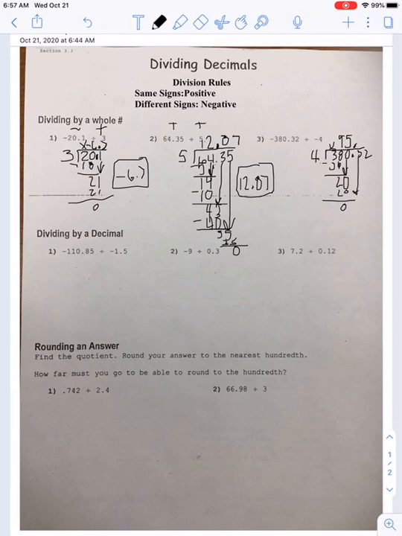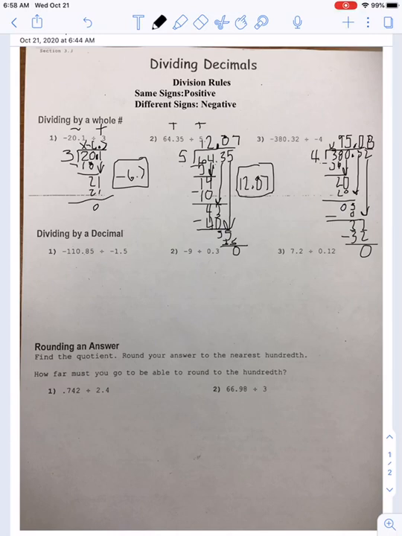Bring down the 3. 4 can go into 3 0 times, so we have to put a 0 there. 3 minus 0 would be 3 still. Then we have to bring down the 2. 4 can go into 32 8 times. 32 minus 32 will give us 0.